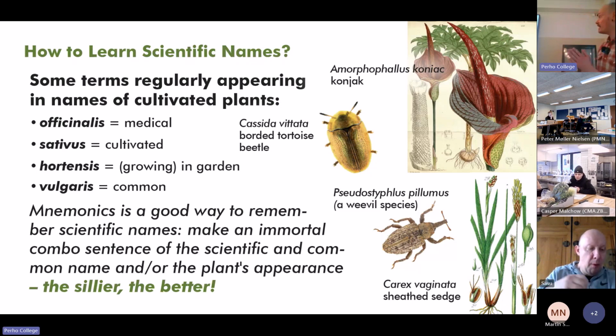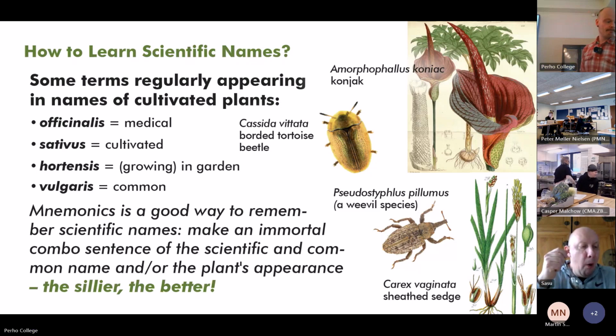And Carex vaginata, sheathed sedge. Vaginata means a sheath, actually. Yeah. So you might try to find some mnemonics to remember the scientific names.